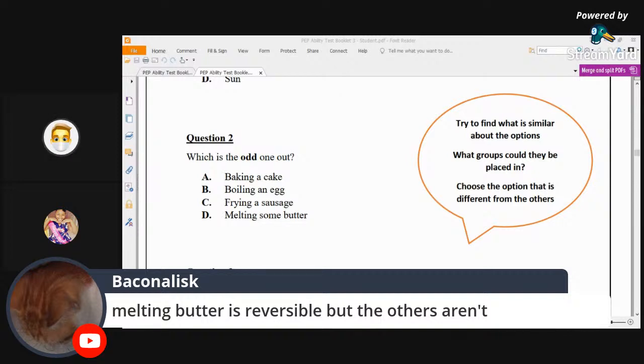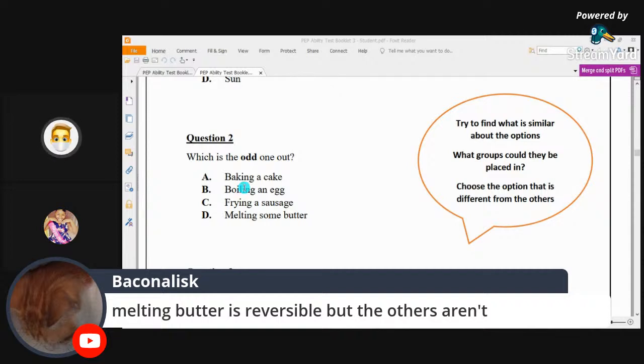So I'm going to take this one. So the rest of these, when I bake something, I can't get the flour out of the cake and call it flour again. When I boil the egg, can I get it back to the state that it was before?